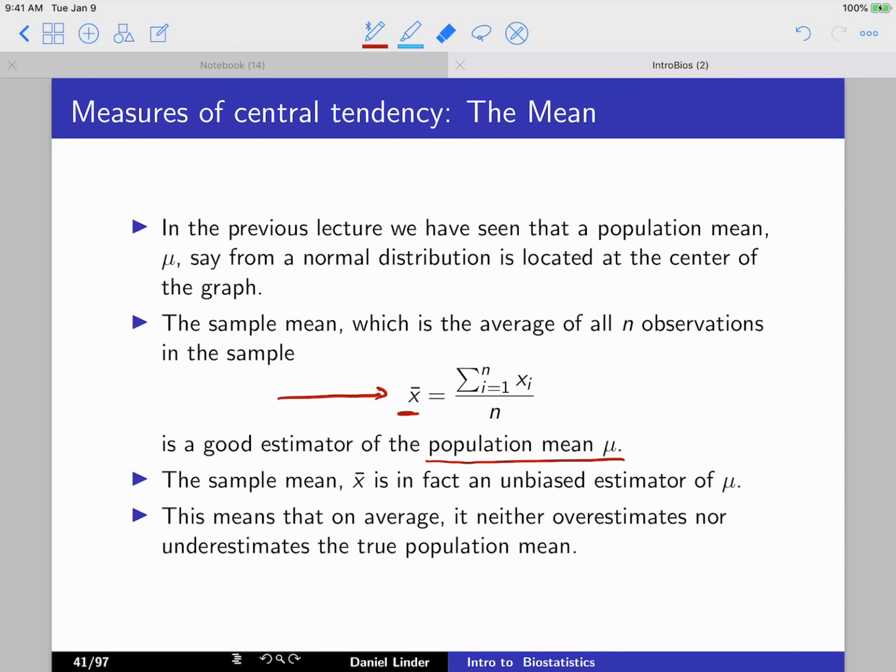And the reason that the sample mean, x bar, is a good estimator of the population mean, mu, is because it's an unbiased estimator of mu. What that means is, on average, it doesn't overestimate or underestimate the true population mean. On average, it is the correct value.